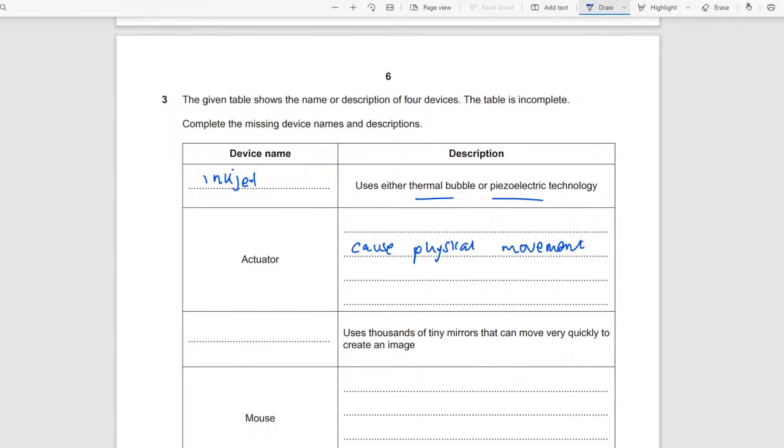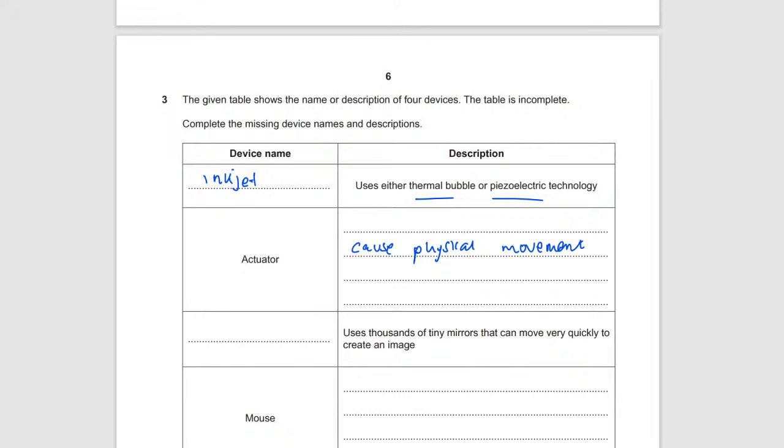They basically cause physical movement, and you can also give an example. For example, your RC car is run by an actuator, because the machine that spins those wheels is actually done by the actuator.